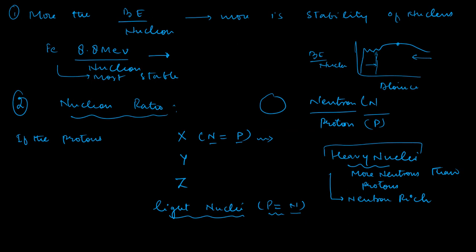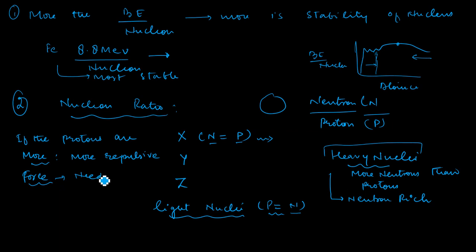So in that case you need to provide more neutrons so that there will be sufficient attractive force. If the protons are more, that means there will be more repulsive force, right? So you just have to give more neutrons so that they will provide the strong attractive force.